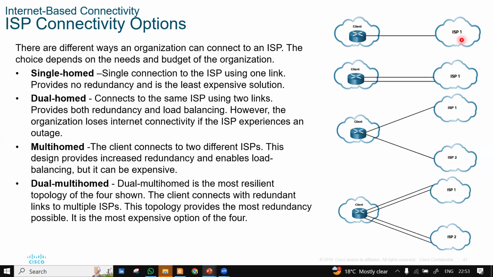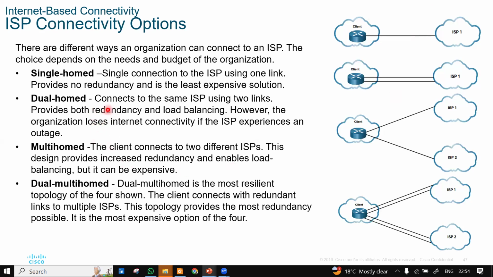With a single homed connection, there is only one link to the service provider. It provides no redundancy and is the least expensive solution. For our homes, no problem using that. For enterprises, huge problem. If this link goes down, everything goes down.